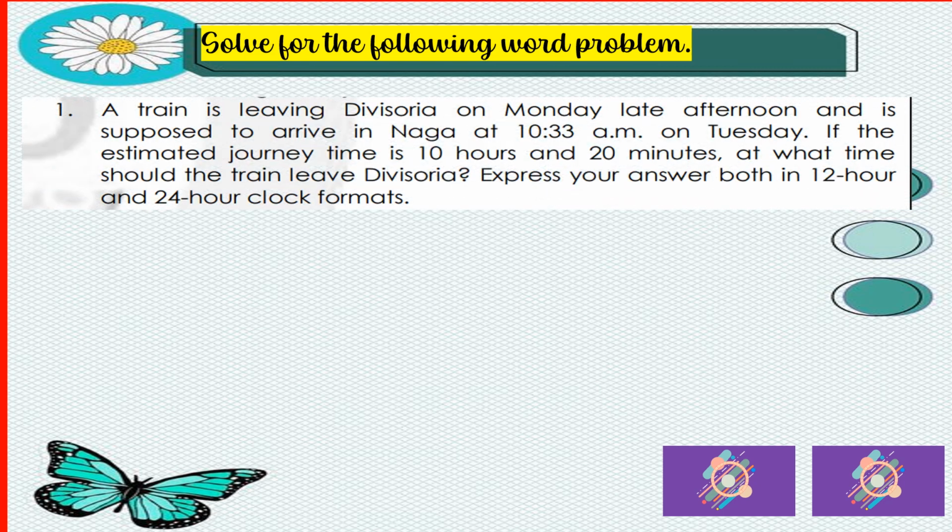So number 1 problem, a train is leaving Divisoria on Monday late afternoon and is supposed to arrive in Naga at 10:33 AM on Tuesday. If the estimated journey time is 10 hours and 20 minutes, at what time should the train leave Divisoria? Express your answer both in 12-hour and 24-hour clock formats.